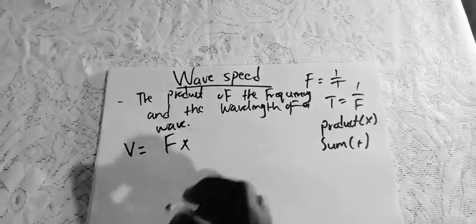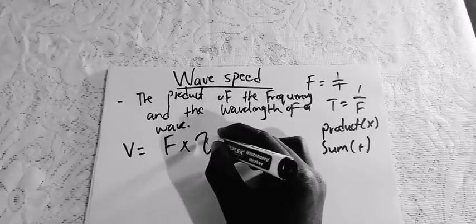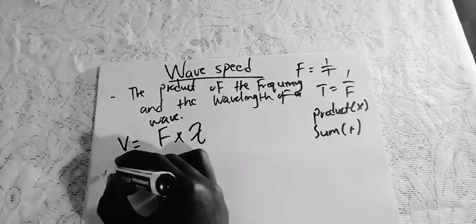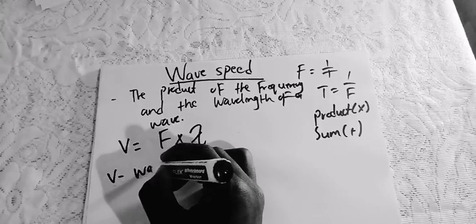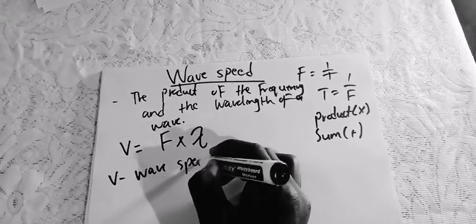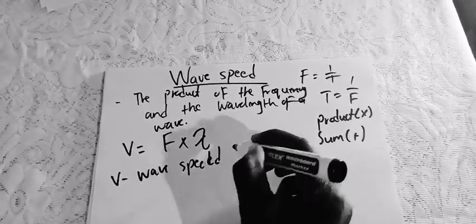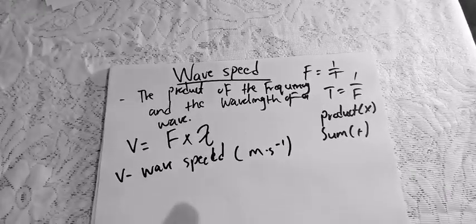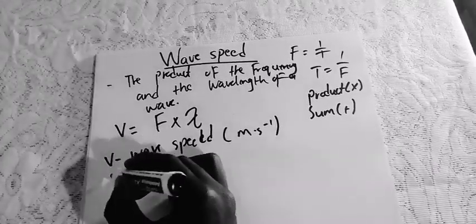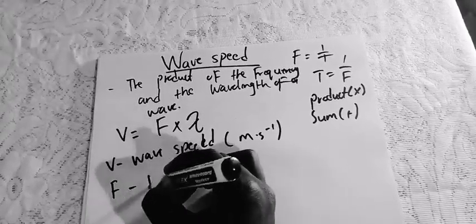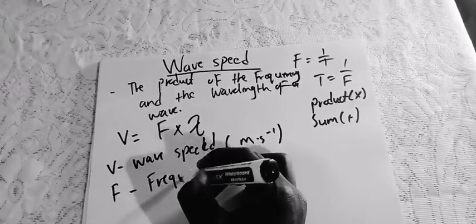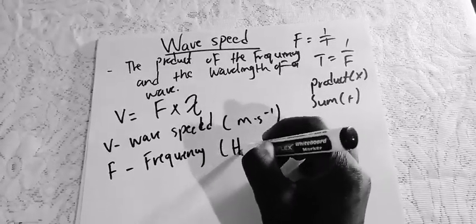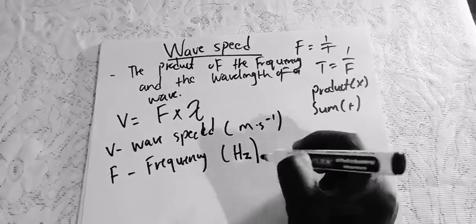So the formula is v equals f multiplied by wavelength, lambda. Lambda is the wavelength, and v is the wave speed, measured in meters per second. If you are given kilometers per hour, you divide by 3.6 to get meters per second. Frequency is measured in hertz or per second.